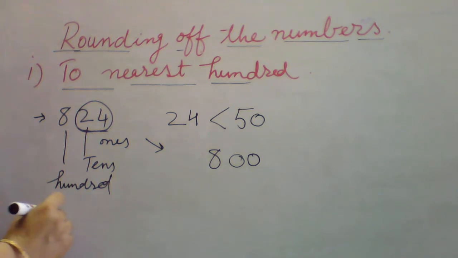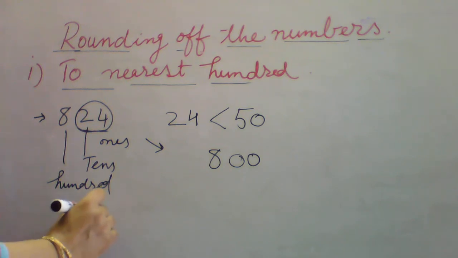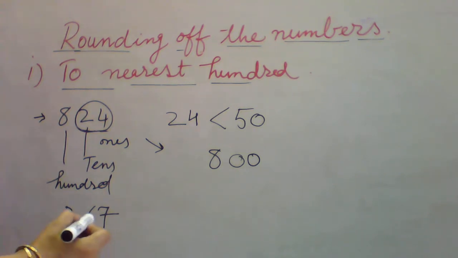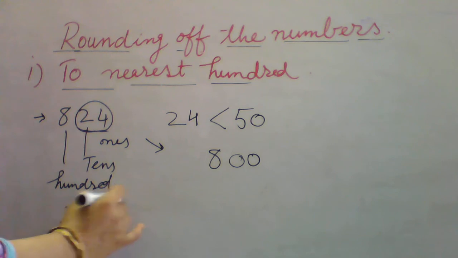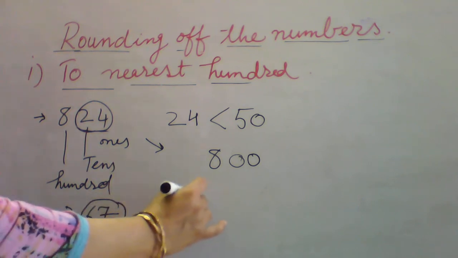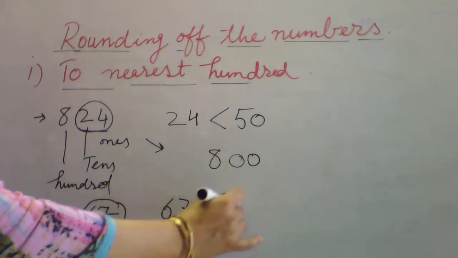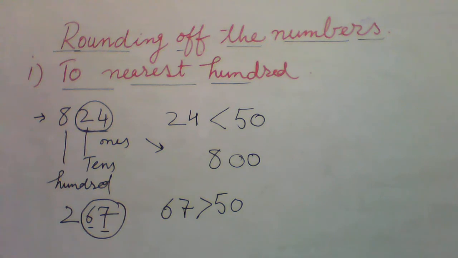I am taking now 267. In this number, the number formed by the digits at the ones place and tens place is 67, and 67 is greater than 50. So how will we round off this number?